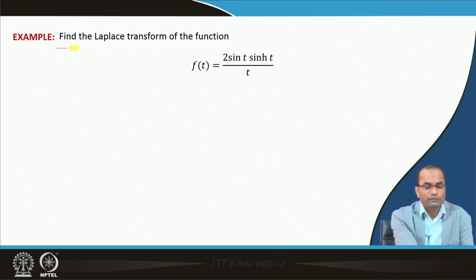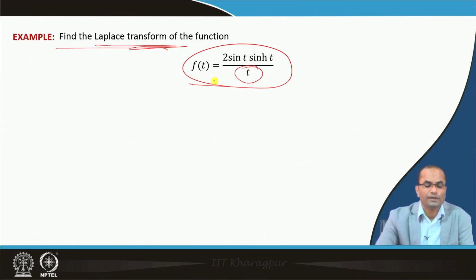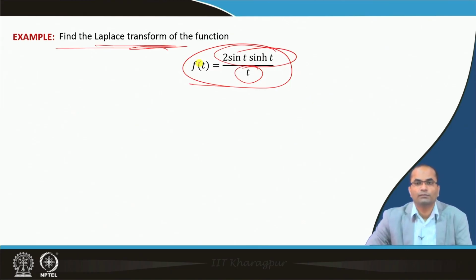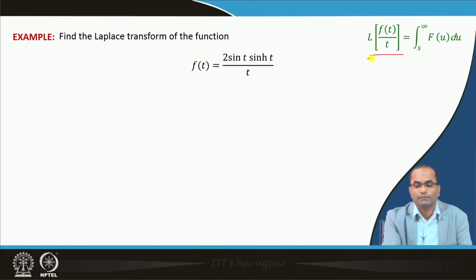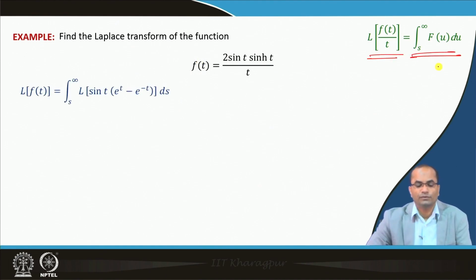The next example, we want to find the Laplace transform of this function. Again, a similar situation, it is being divided by t here. So, we find the Laplace transform of 2 sin t sinh t, and then we can apply this property of division by t to get the Laplace transform of the given function. So, the Laplace transform of f(t)/t is the integral from s to infinity of F(u) du.